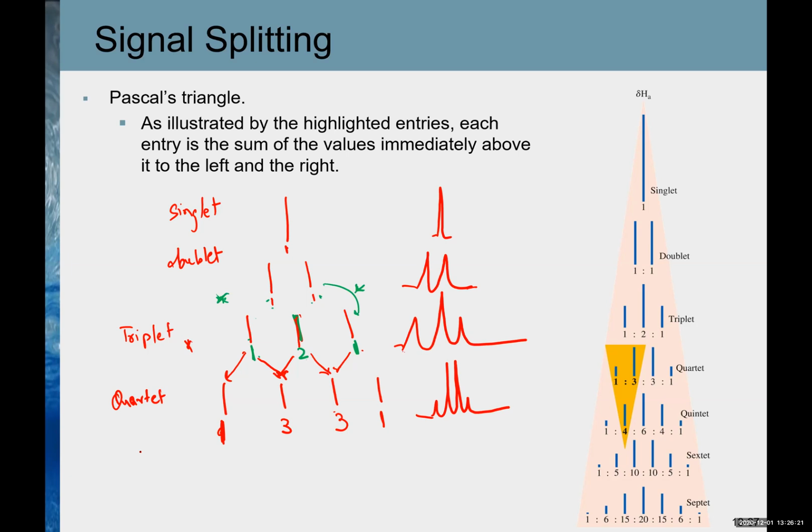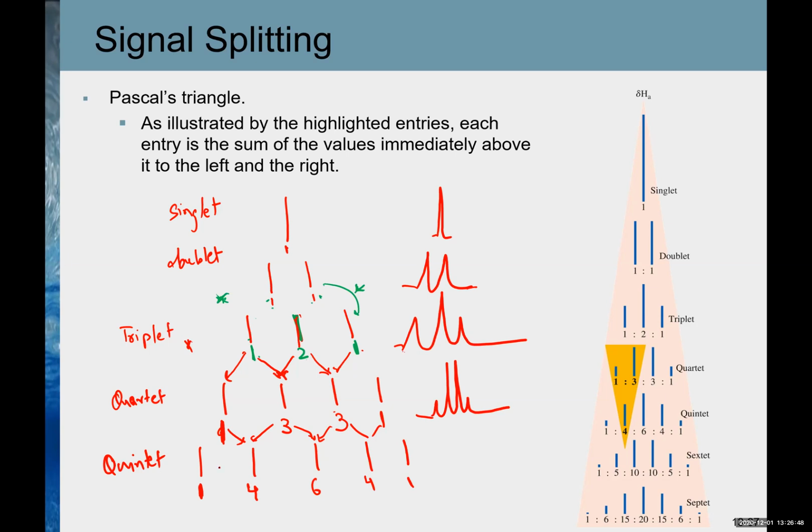I'll go one more time and next you can try by yourself. So quintet means 5 peaks. So 1, 2, 3, 4, and 5. So intensity of the first one will be 1. The other two will be 1 plus 3. 1 plus 3 is 4. So 3 plus 3, 6. 3 plus 1, 4, and 1 plus nothing is 1.